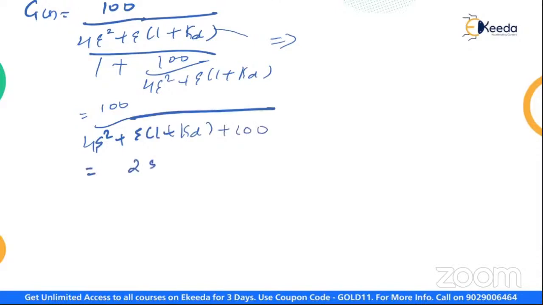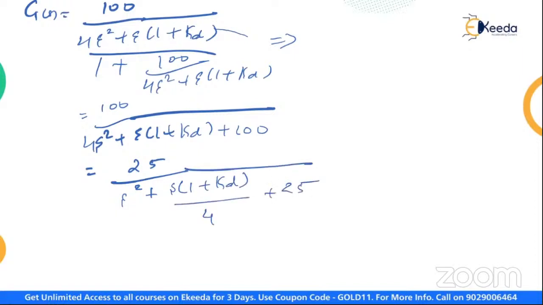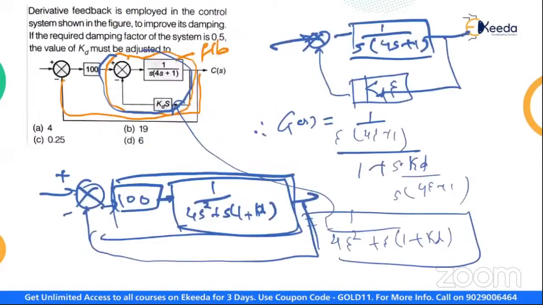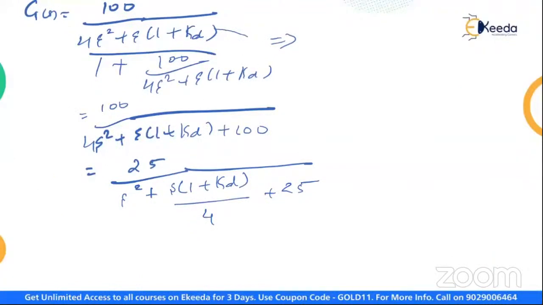It is equal to almost 25 upon s squared plus s into 1 plus KD upon 4 plus 25, correct? Yes. Now let us compare it with the standard equation. If we compare this with the standard equation, what is the standard equation? The standard equation is omega n squared upon s squared plus 2 zeta omega n s plus omega n squared.